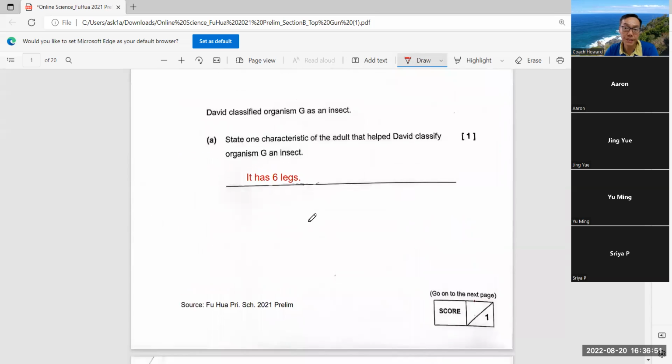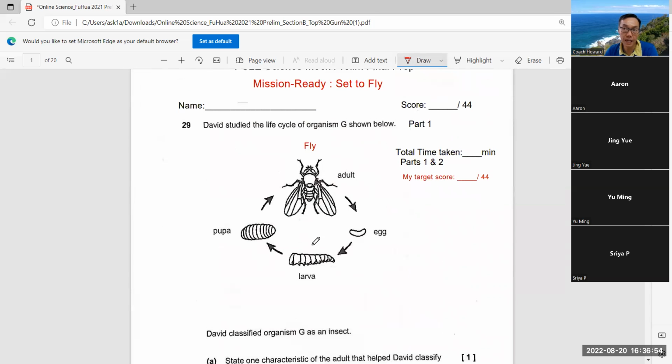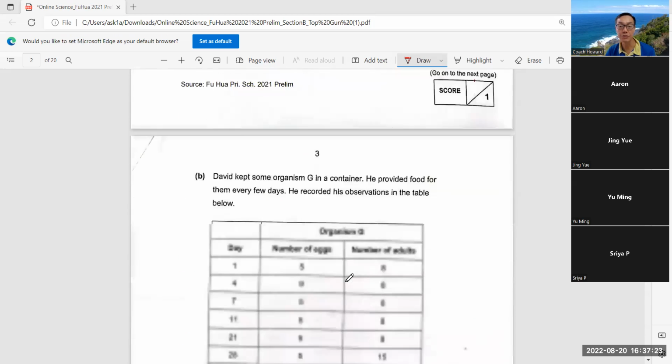If you notice in this diagram, this is the life cycle of organism G, which is a fly. As the adult lays the eggs, the eggs will hatch into larvae, the larvae will transform into pupae, and the pupae transform into adults. So for this question, you should say that some of the eggs hatched, became larvae, and then became pupae, and then on day 28, they became the adults.